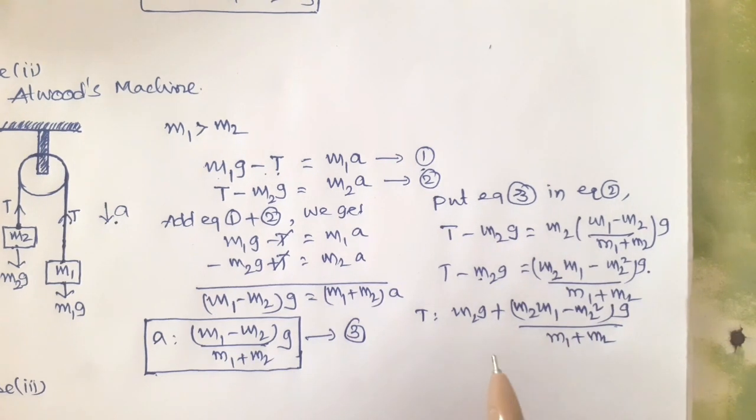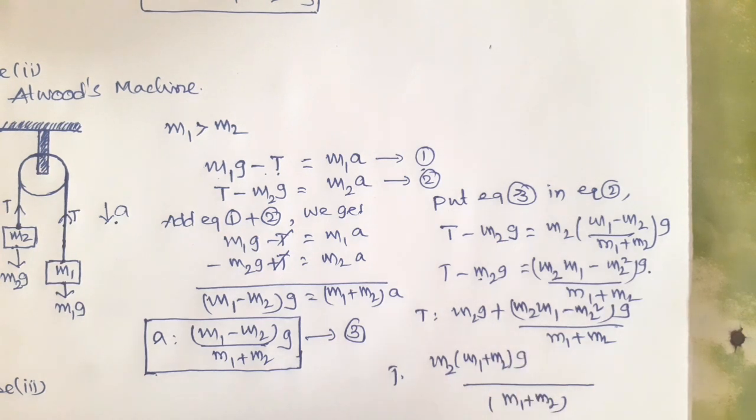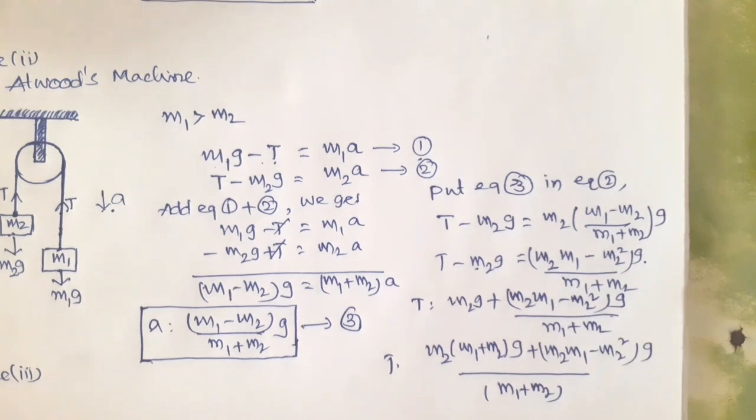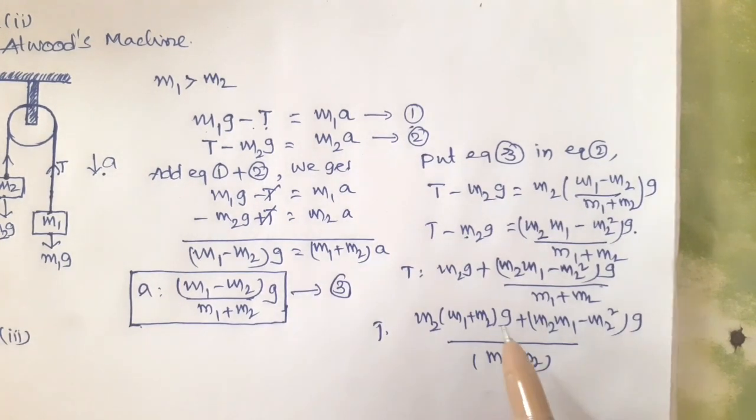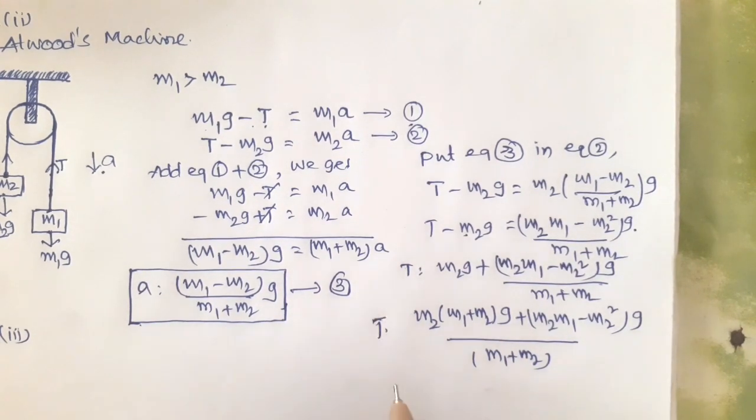Now you can write T is equal to M2 into M1 plus M2 into g plus M2 M1 minus M2 square into g. Now take g as the common and expand.